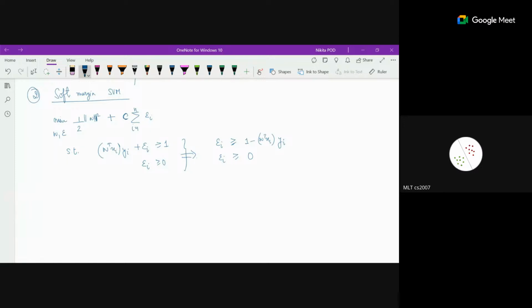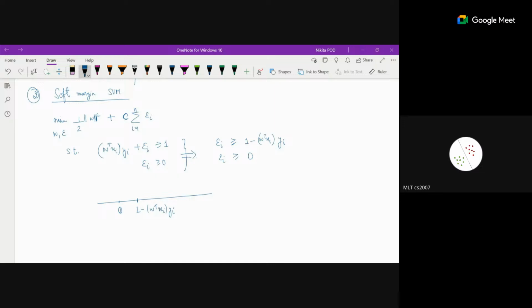So the first is that epsilon i should be greater than or equal to 1 minus W transpose Xi Yi, and epsilon i should also be greater than or equal to 0.